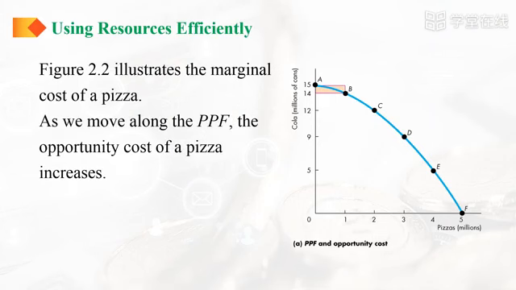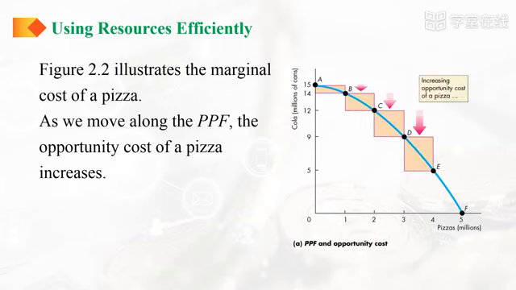We calculate marginal cost from the slope of the PPF. As the quantity of pizzas produced increases, the PPF gets steeper, and the marginal cost of a pizza increases.